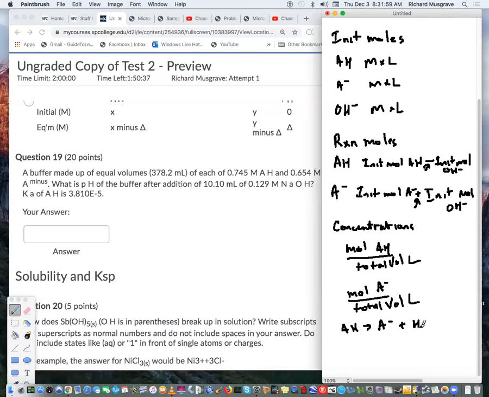And what you'll be looking for is the concentration of H plus, which can then be converted to a pH. And we're using the Ka, and we have to solve for the H plus. And then find the pH. And these values here are the ones that go into the equation so we can solve for the H plus.